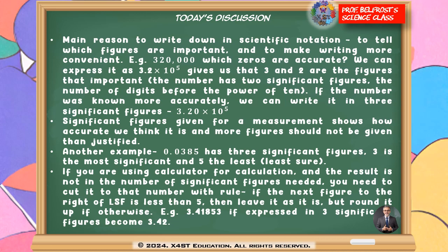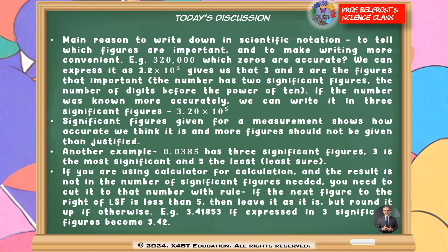If you are using a calculator and the result is not the number of significant figures needed, because a calculator shows all of the decimal places, then you need to cut that number to the number of significant figures you are expected to deal with.